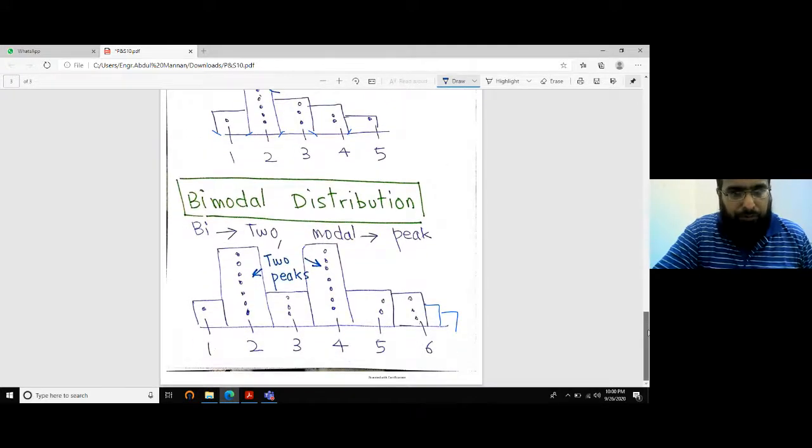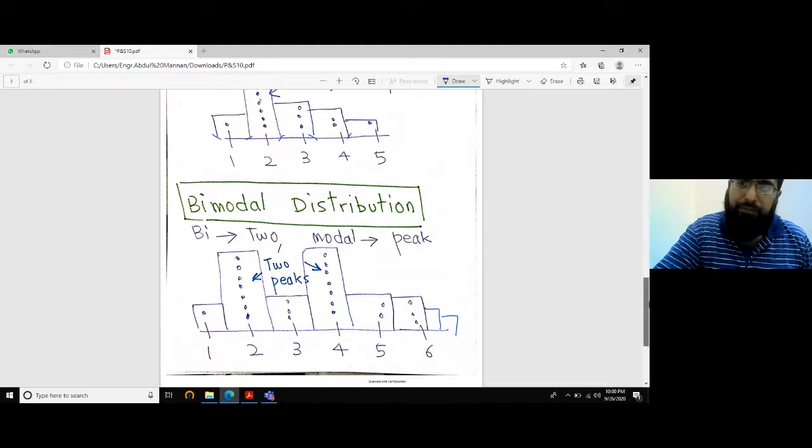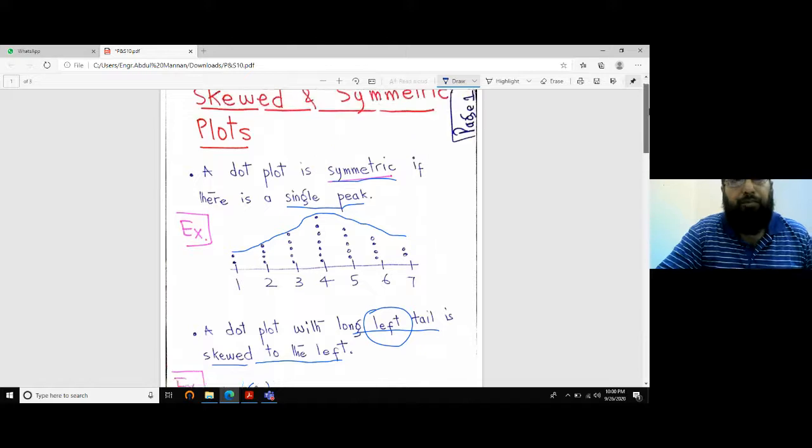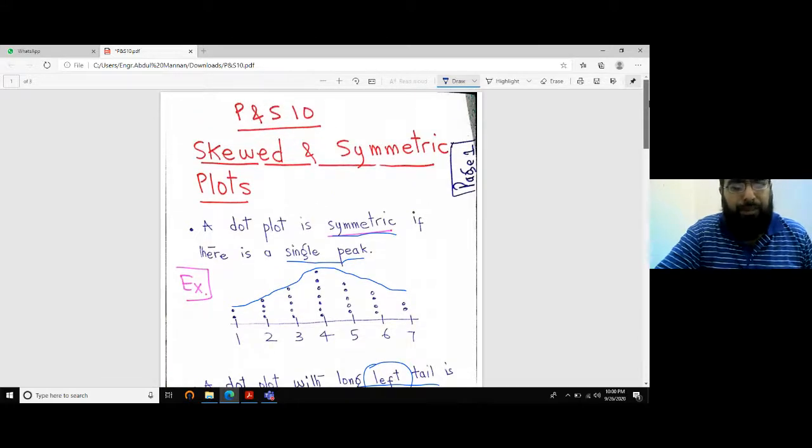Right, that's all for this lecture. And with this lecture, we have almost concluded chapter number 1 of the book, except in the next lecture, P&S11, we will draw some dot plots and frequency histograms using Minitab.